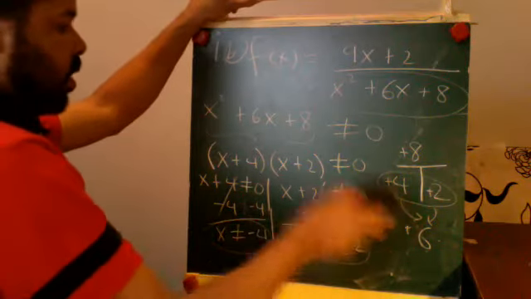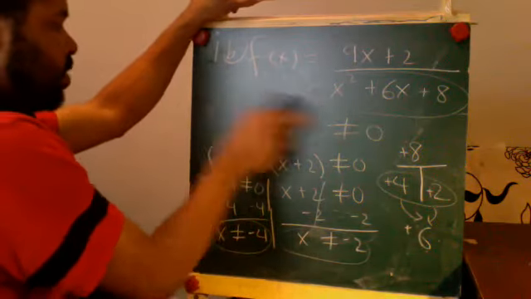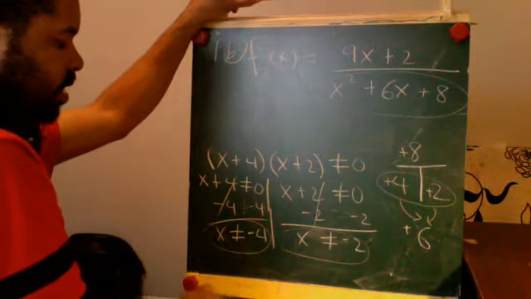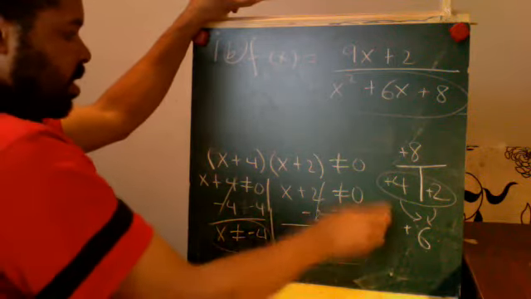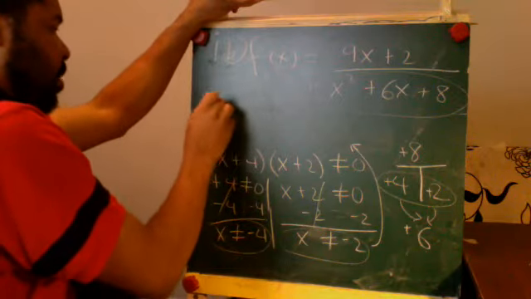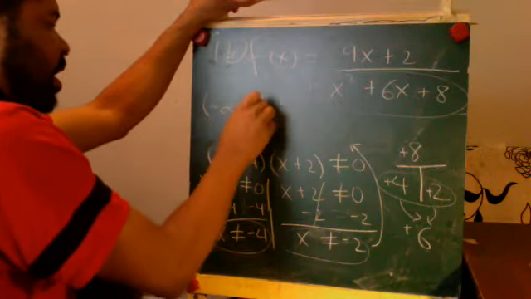How do you say that in interval notation? You start from negative infinity and go all the way up to negative 4.